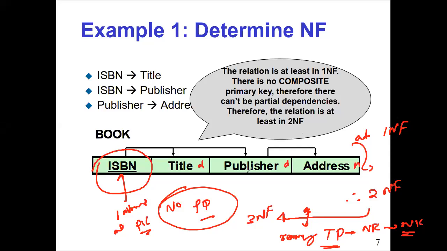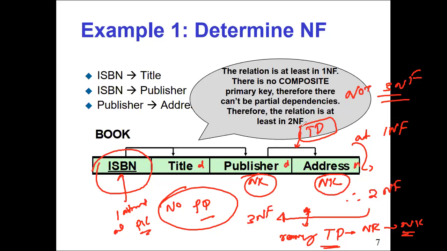Now you can see this is a non key, this is another non key. So this non key is depending on this non key. So you can find this is transitive dependency. If you find transitive dependency, then it is not third normal form.